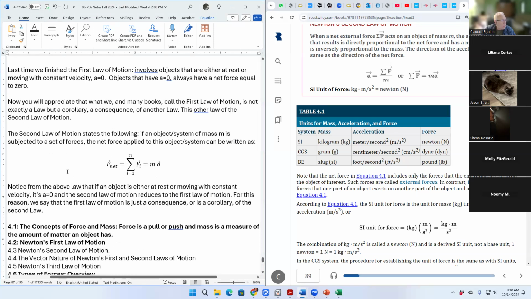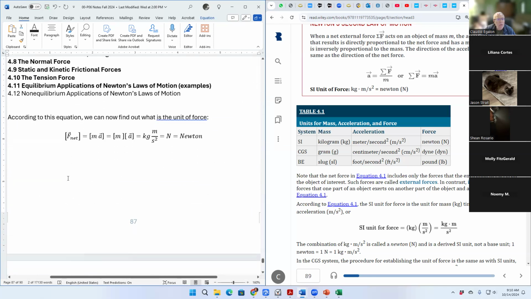Now, one more important thing here. I want to write that down. Don't forget that this vectorial equation is in reality 3 scalar equations if the motion is being undertaken in 3-dimensional space, right?